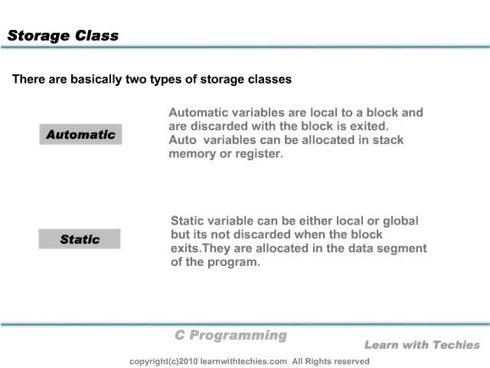The static storage class can again be classified as external or static based on its scope. The memory for static storage class is allocated in the data segment of the program. If you don't know what a data segment is, don't worry. We will discuss it later on in the course. For now, just remember that memory for static storage is allocated in the data segment.